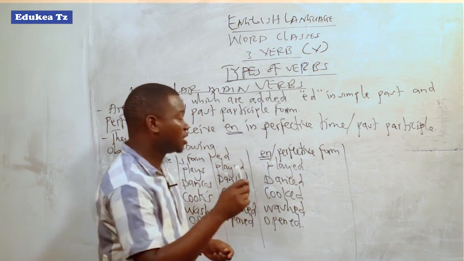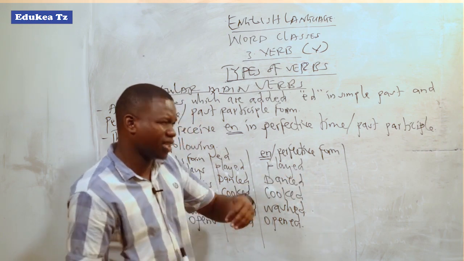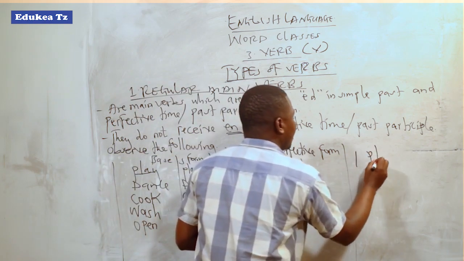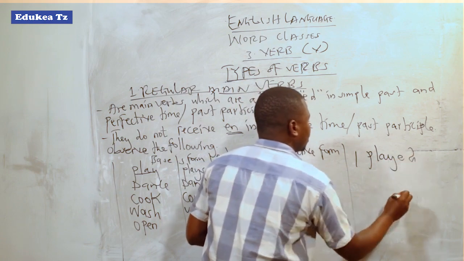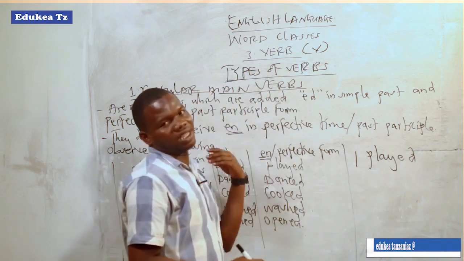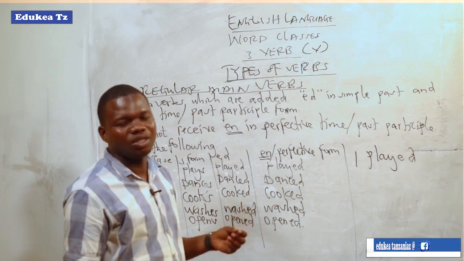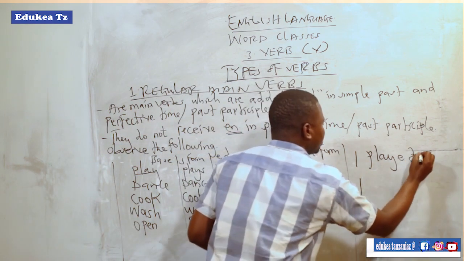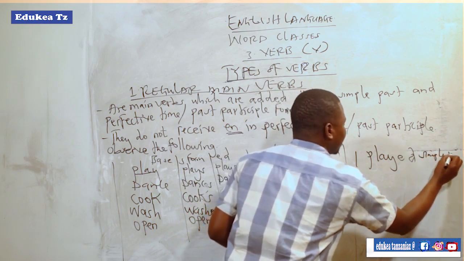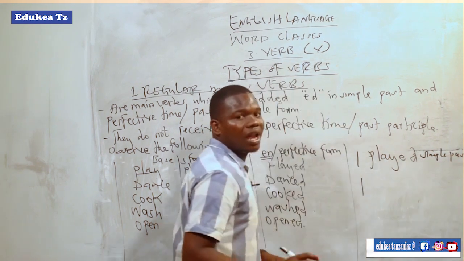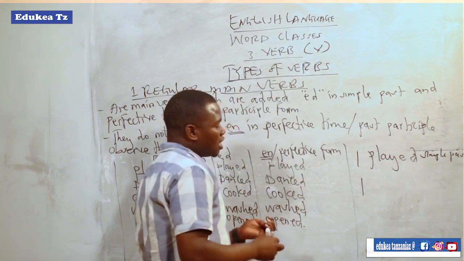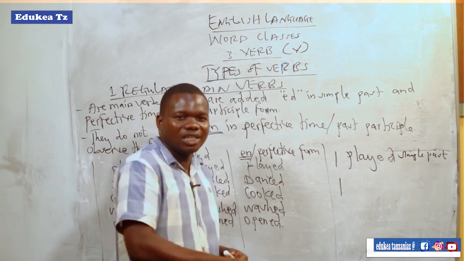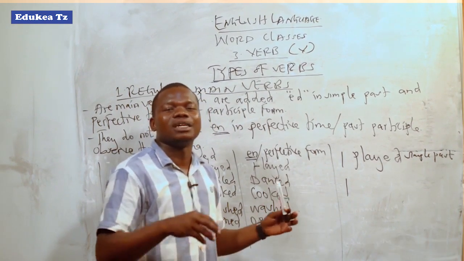But the difference we shall see during the next sessions. Once a person says I played, this shows it is simple past, it is past time. But another person may want to say I played, and this played is at the perfective time.